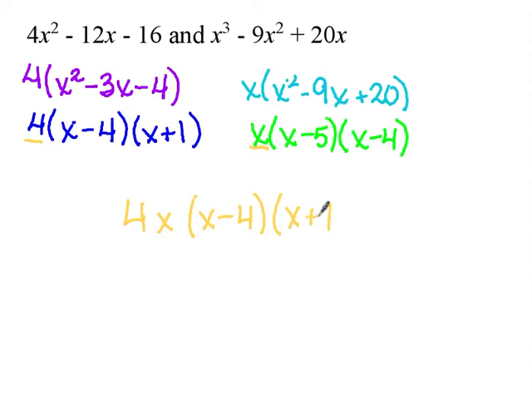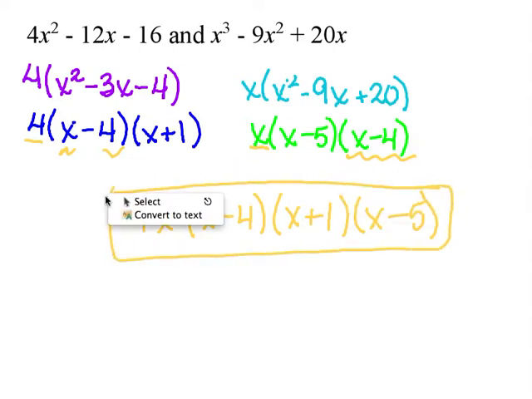What else? X minus 5. Why didn't I use 2 of the x minus 4s? Because there's both of them in here. Since there are 2 of them there, I'm only going to use 1 of them in my answer. So that is my final answer.